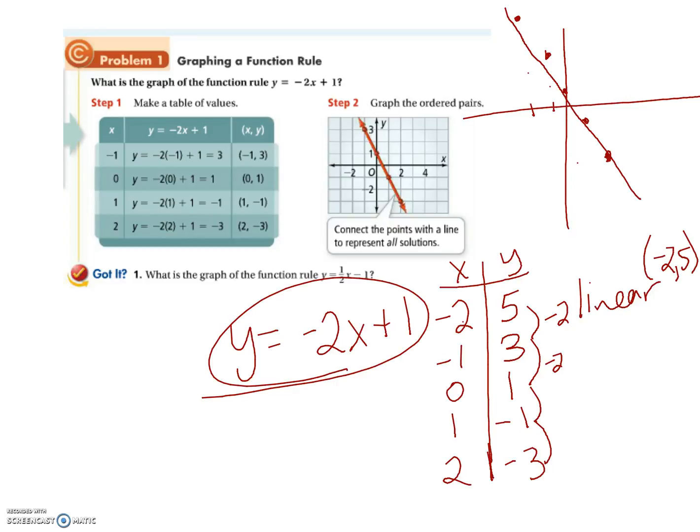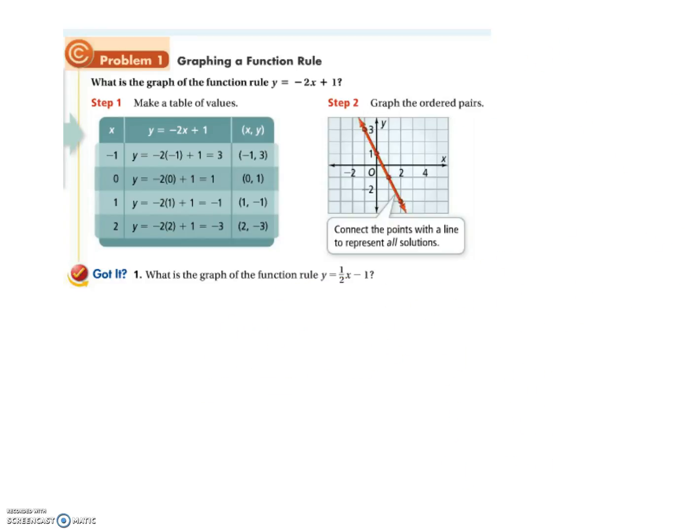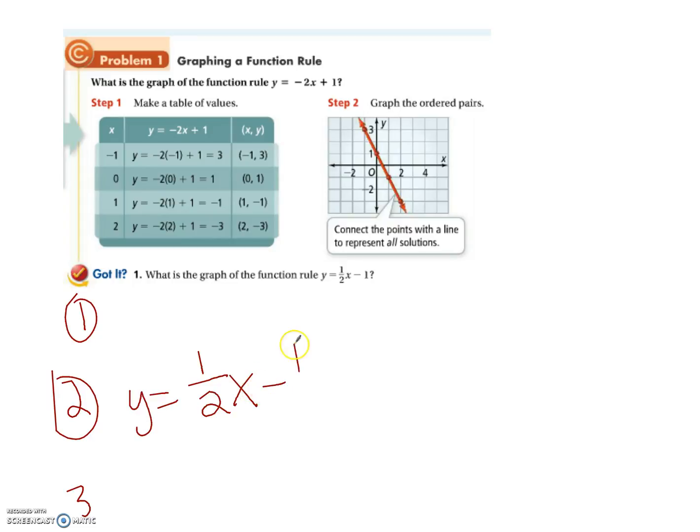So on your next one, we are going to do another example. I'm going to erase this real quick. You've done this 1, 2, 3. On number 2, we're going to do y equals 1/2 x minus 1. From that we're going to do our table. Remember, negative 2, negative 1, 0, 1, 2.